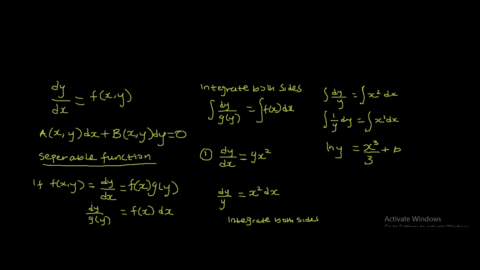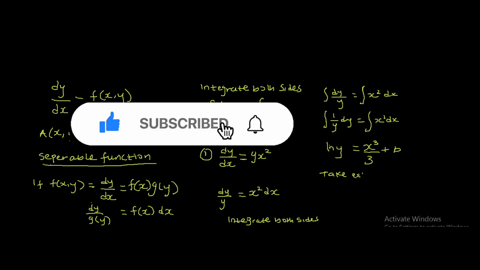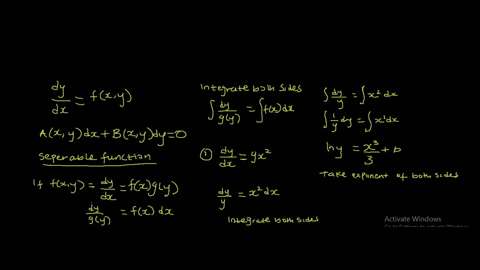From here, we want to make y the subject of the formula. How can we remove this ln? We can remove ln by taking exponents of both sides. When we take the exponent of ln y, and here too, the exponent of x cubed over 3 plus b, the exponent will cancel the ln.